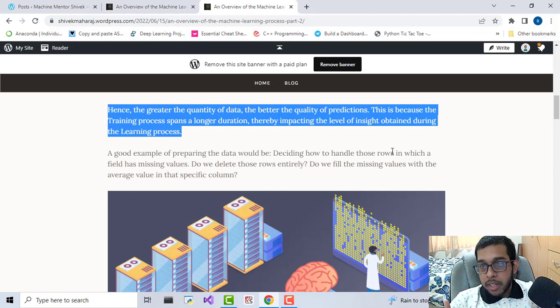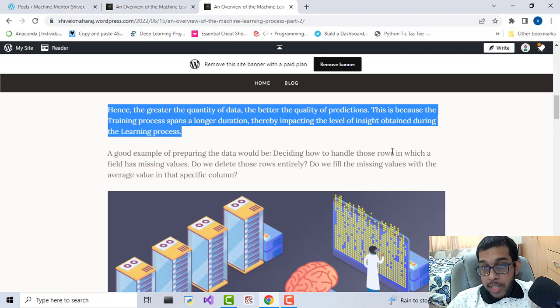So regarding this paragraph that's highlighted, it's the exact same logic as saying, if I daily show a 3-year-old child images of cats and dogs, and if I do this for maybe 6 months, the chances of that child knowing the difference between a cat and a dog when they are 4 years old is going to be greater, as opposed to showing a 3-year-old child images of cats and dogs for only a week.